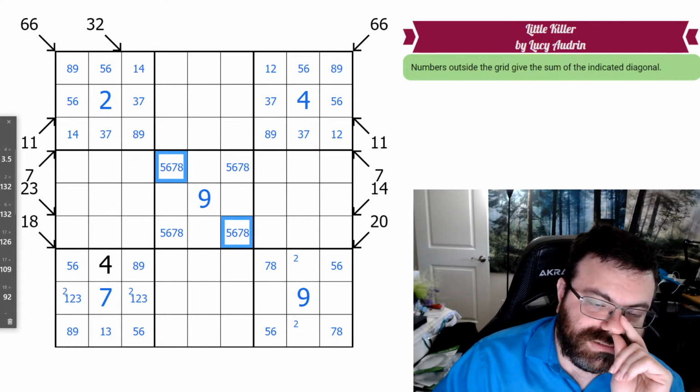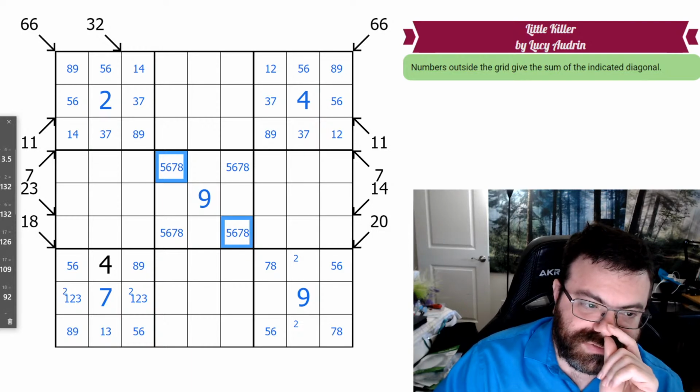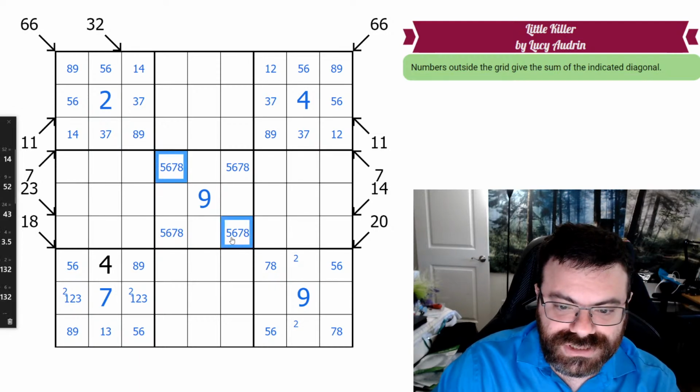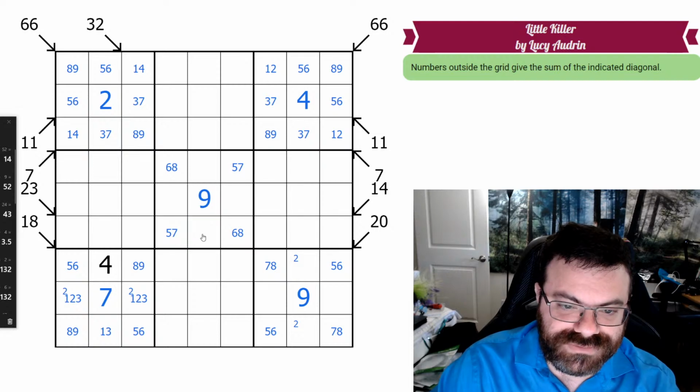So we've got 17, 19 plus 24 plus 9 is 52. So these add to 14, so they can't use the 7. Wait, adding 14, they're 6, 8. That's 5, 7.